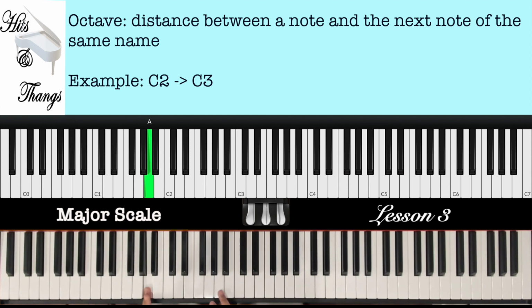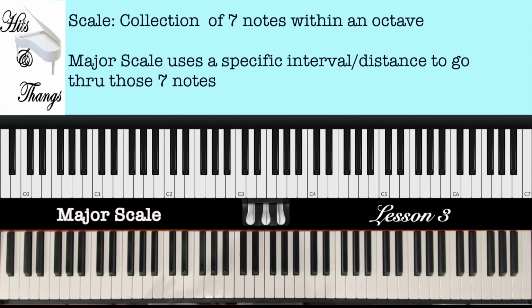A to A is an octave. C to C is an octave. A major scale is essentially how you get from this C to this other C. There are specific rules that dictate it, or there's a sequence. That's what we're going to learn.